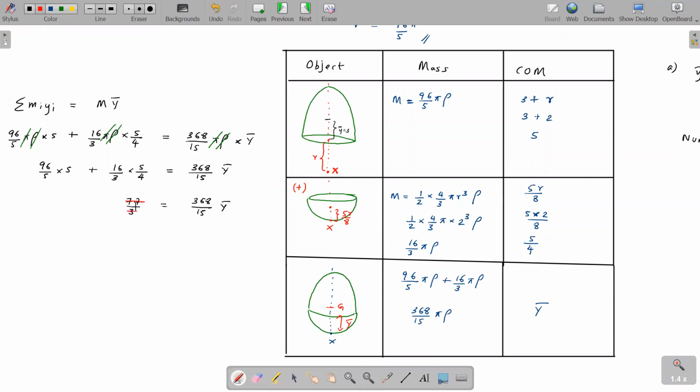Sorry guys, it should be 308 over 3, right? Yeah, so that was an error. 308 over 3 equals 368 over 15 y bar. So you divide 308 over 3 by 368 over 15, and we get the answer 385 over 92, equals y bar. Right, guys? So in decimal form, 4.18.